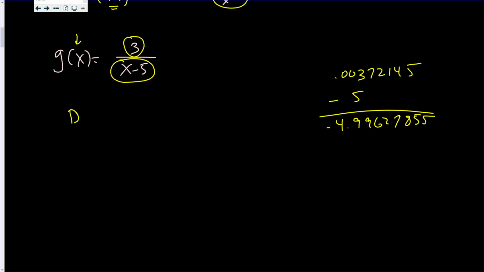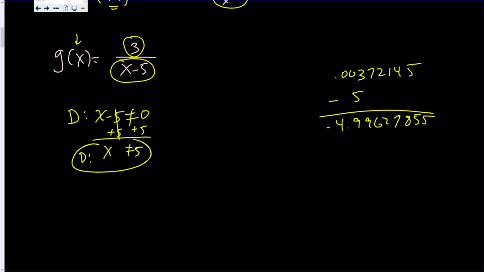So the domain will be, the denominator can't be 0. Add 5 to both sides, and the domain is x cannot equal 5. That is the final answer.